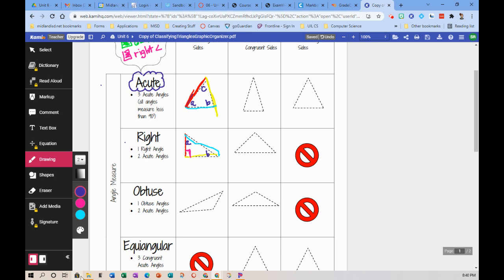Okay. Going on down the scalene column, we have obtuse angle. And we're going back to our colors. Yellow side. We have a yellow side. We have an orange side.